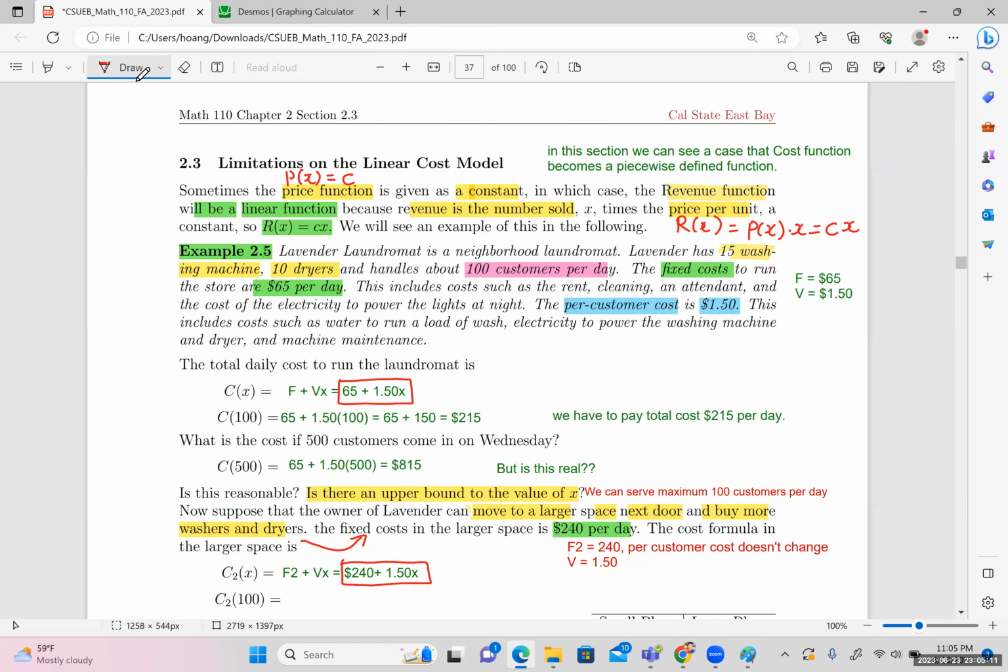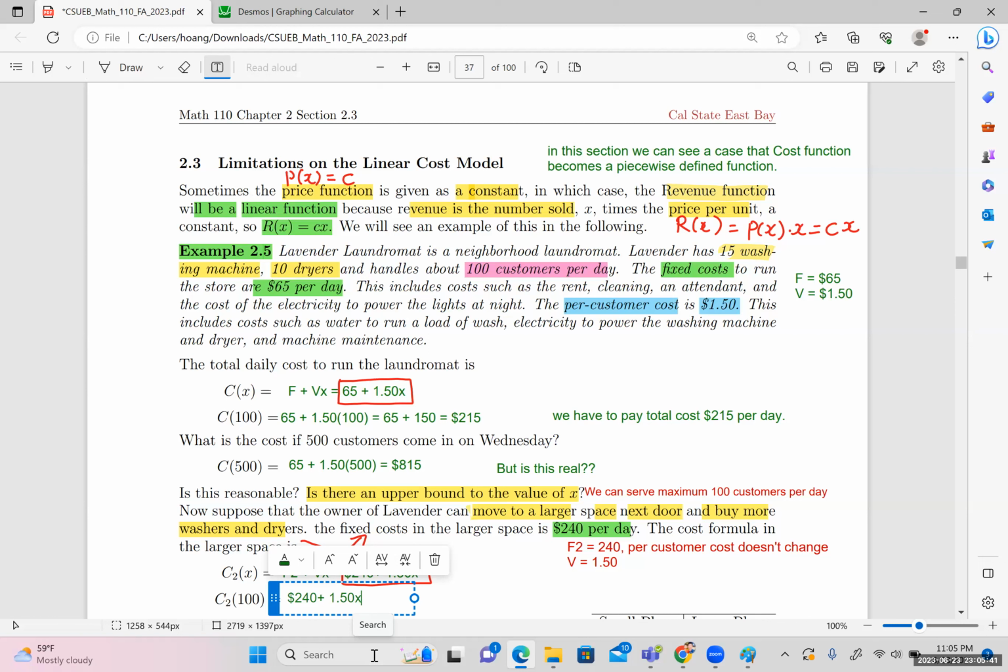Think about if I extend to a larger space, but the amount of customers didn't change, and it's still going to be just 100 people coming on, say, Thursday.